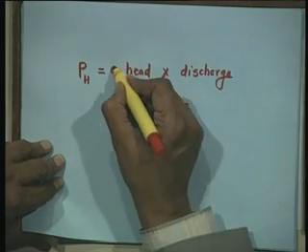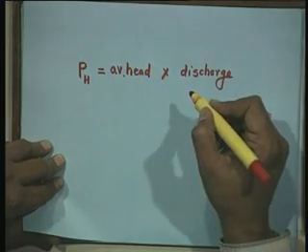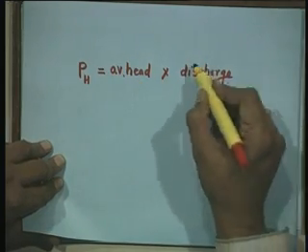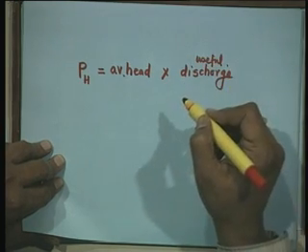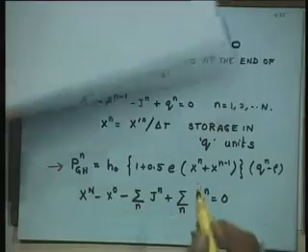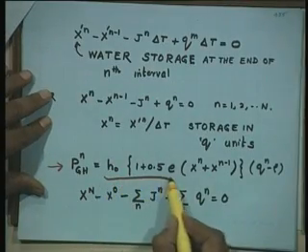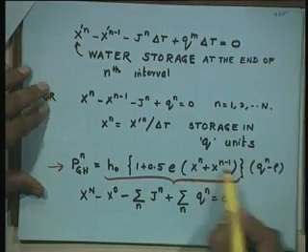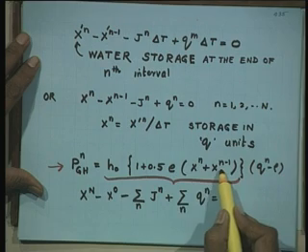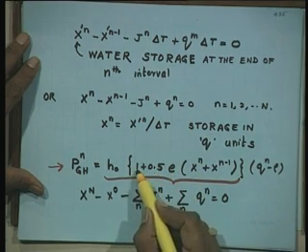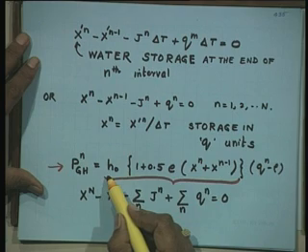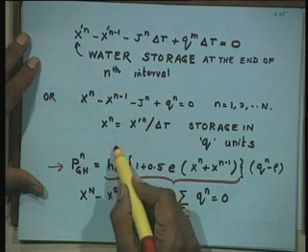Head is an average head and discharge is useful water discharge. So, average head is this. If the storage varies, convert into the head unit, take average, add to 1, this is an average head. H0 is a basic head.